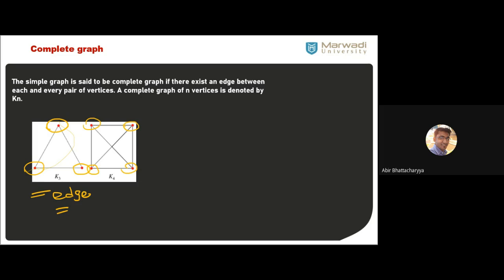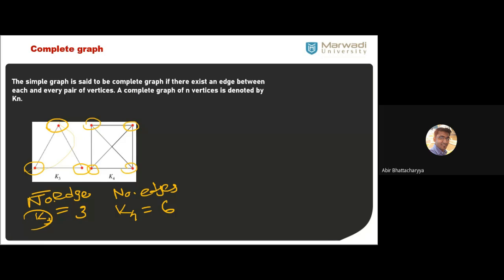It is 3. Similarly, the number of edges for K4? Tell me. 6.